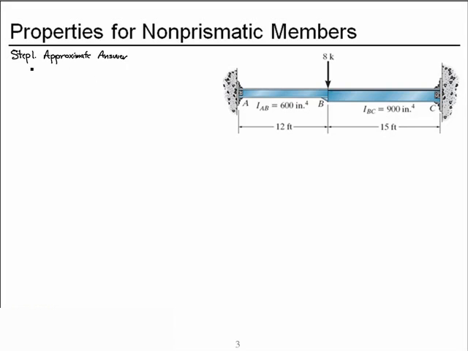So let's start by talking about bending stiffness. Our beam has two different moments of inertia, but what if it was prismatic? It was made only of the smaller moment of inertia.